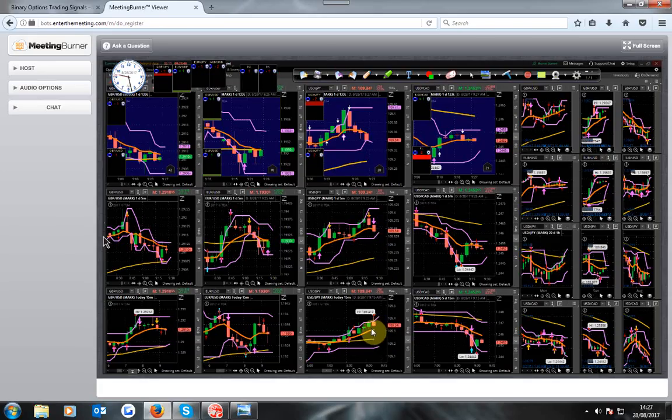What you're looking for now is the orange MA on the 15-minute. UCAD's still struggling. Momentum's still in the wrong direction. It had a big move this morning, so maybe there was some comeback.